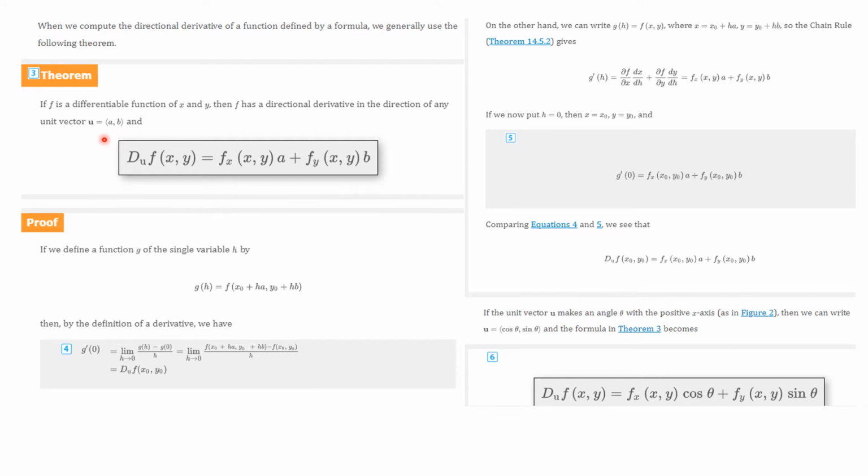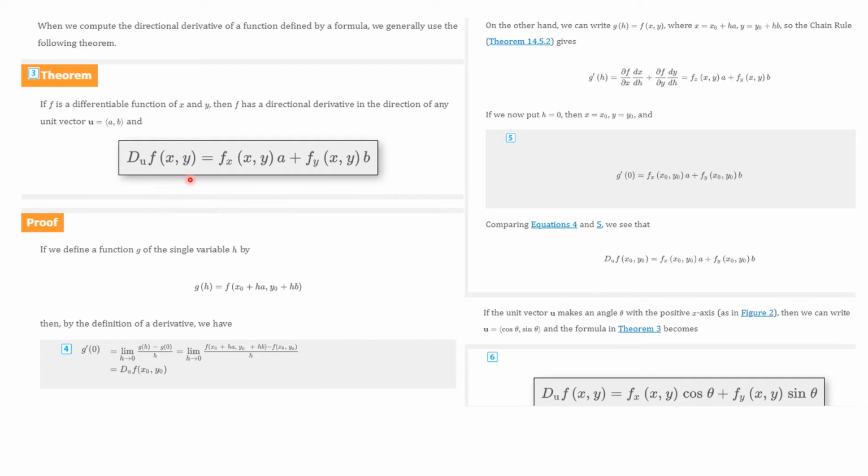I am emphasizing that this is a unit vector because this is just telling us the direction. So the directional derivative in the direction of u of f(x, y) is equal to the partial of f with respect to x times a plus the partial of f with respect to y times b.